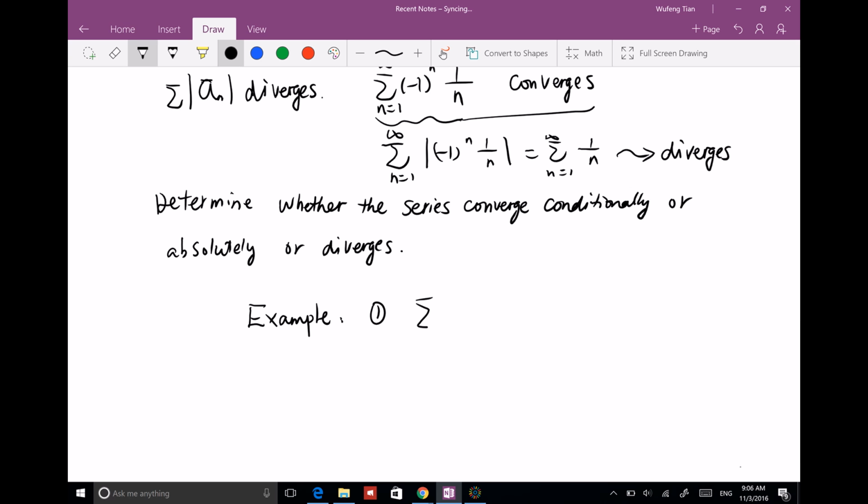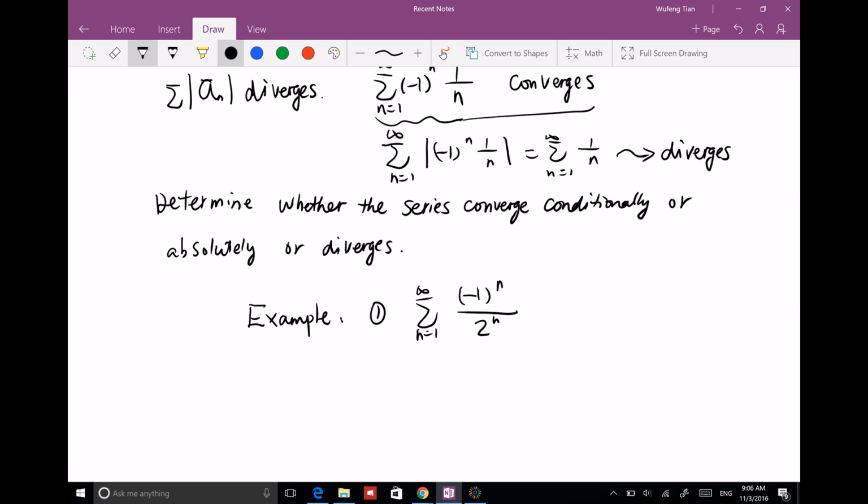First one, n from 1 to infinity, (-1)^n over 2^n. Normally we check the absolute value first, because absolutely convergent is stronger compared with conditionally convergent.